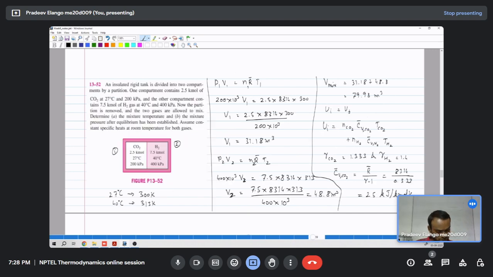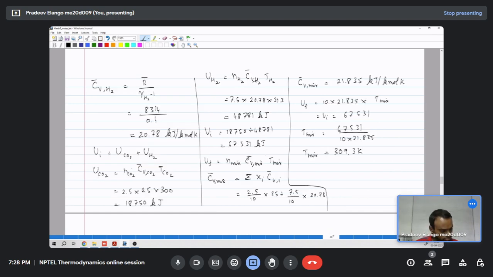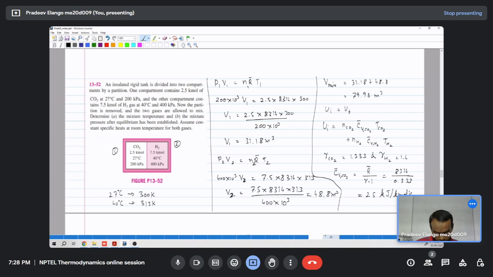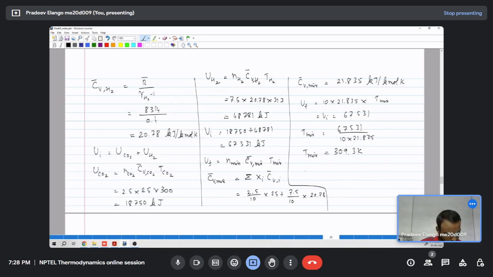You can also take a molar average of the temperature and it will be the same. So for example, you can have 0.25 into 300 plus 0.75 into 330.